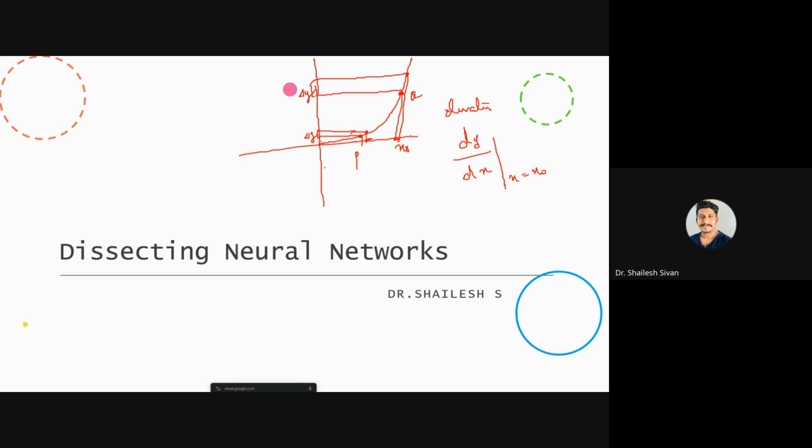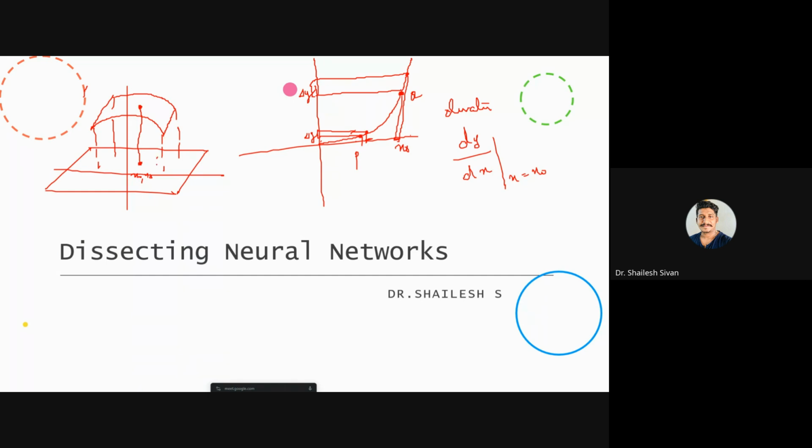Now, if you consider a multivariate function, for ease of explanation I'm just considering a two-dimensional function, a bivariate function, represented like this. Then at a particular point x0, y0, you will have a value for this function, right?